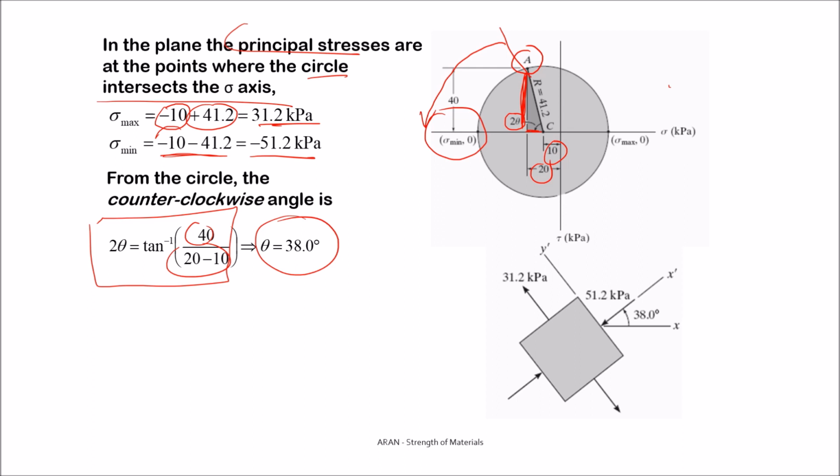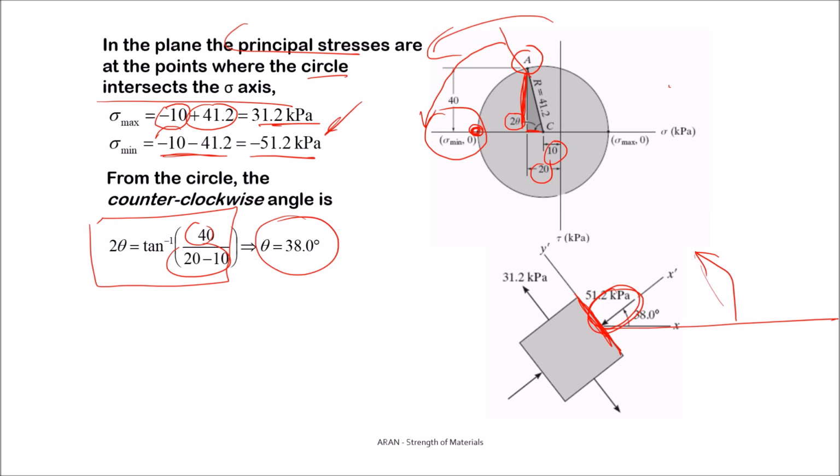So this is my reference plane. You rotate in this direction by 38 and you reach a plane. Which plane? You reach the plane with the minimum principal stress, and its value is minus 51, as you see, minus 51 compression.